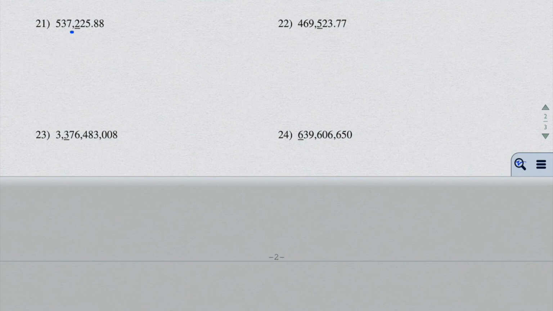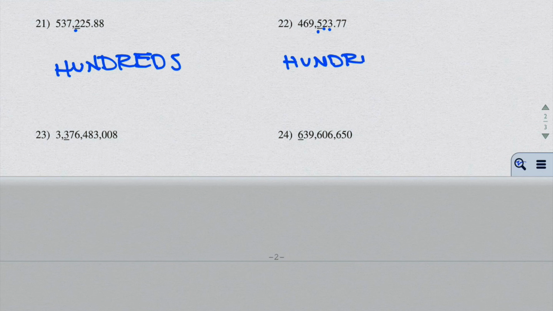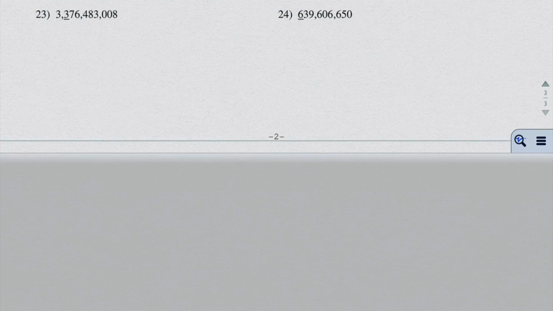Number 21. This 2 is in the hundreds place. Number 22. Ones place, tens place, hundreds place.